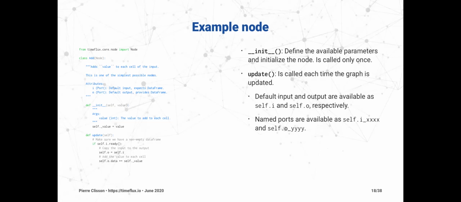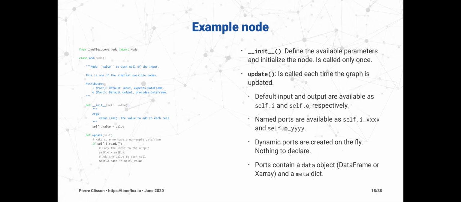So yeah, of course we use here the default input and output. But if you wanted to write to another output, for instance, you can call it whatever you want, and it will be created dynamically as long as it starts with I or O underscore something. Okay, and again, the last thing is that ports contain a data object.